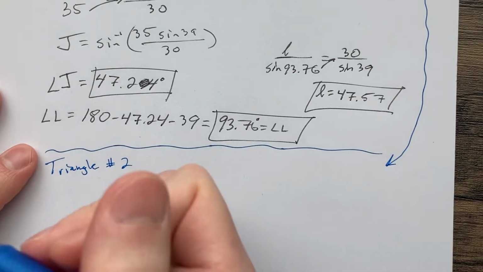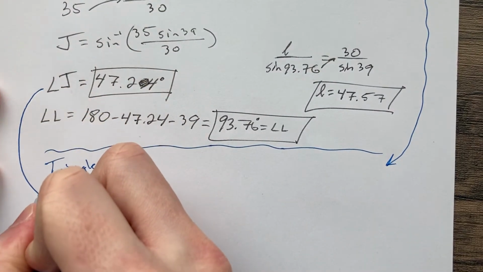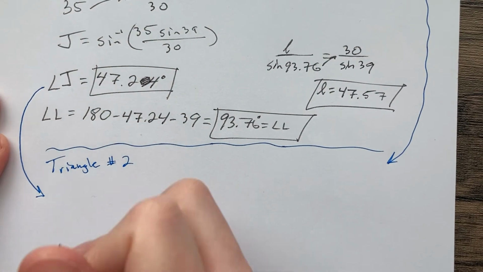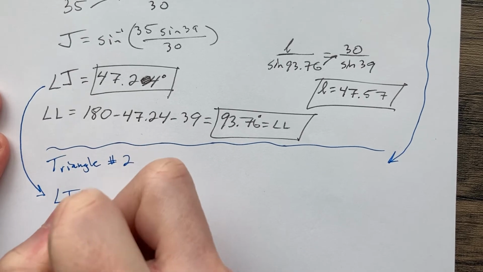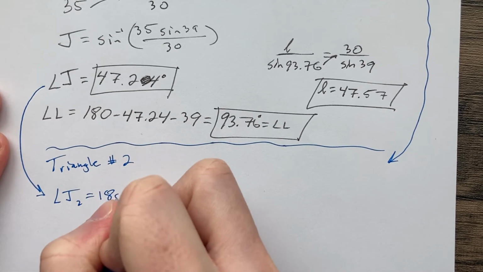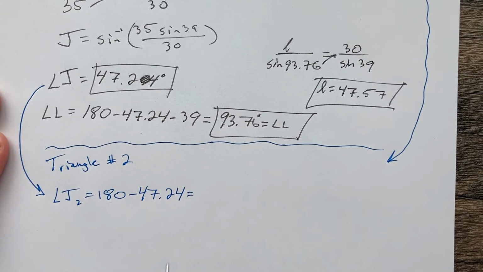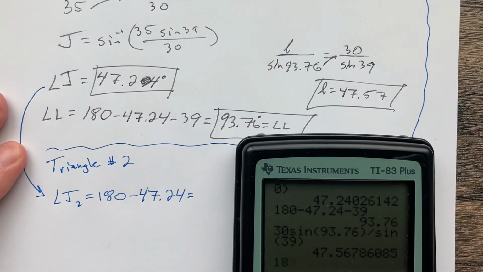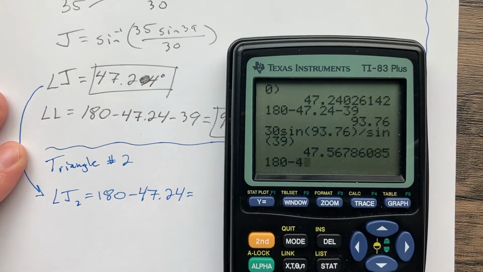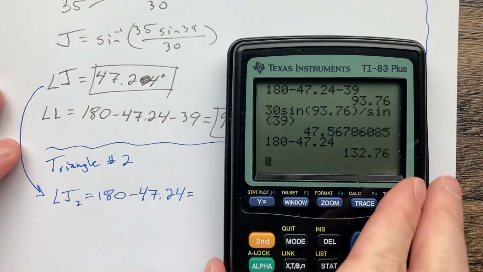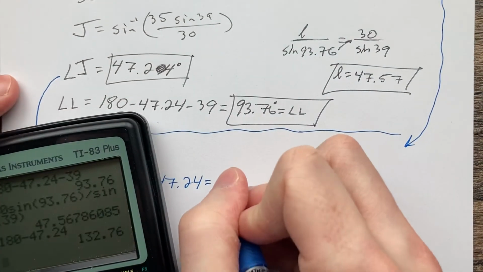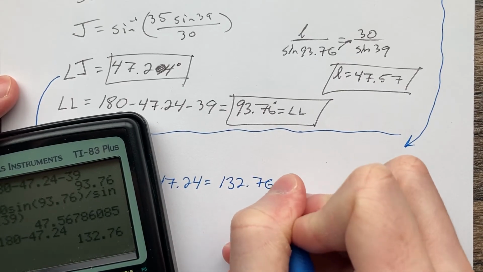Okay, so for angle J2, it's going to be 180 minus 47.24. 180 minus 47.24 gives us 132.76 degrees.